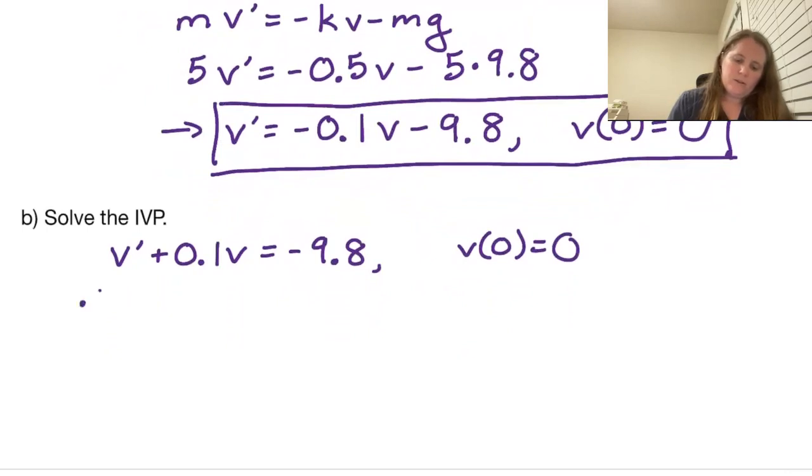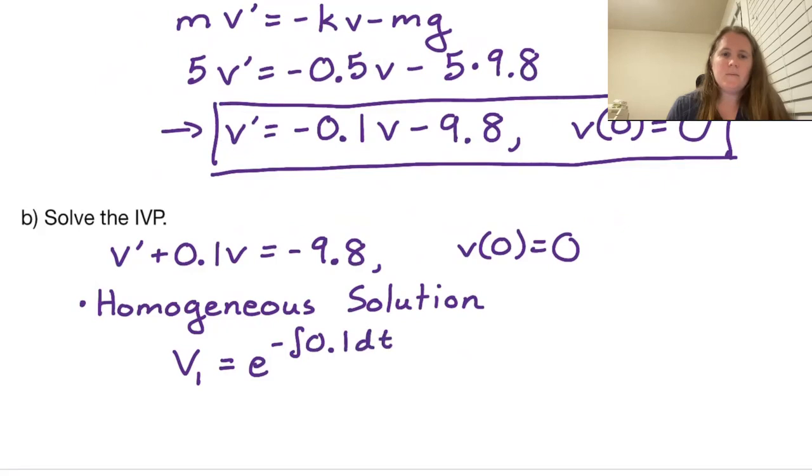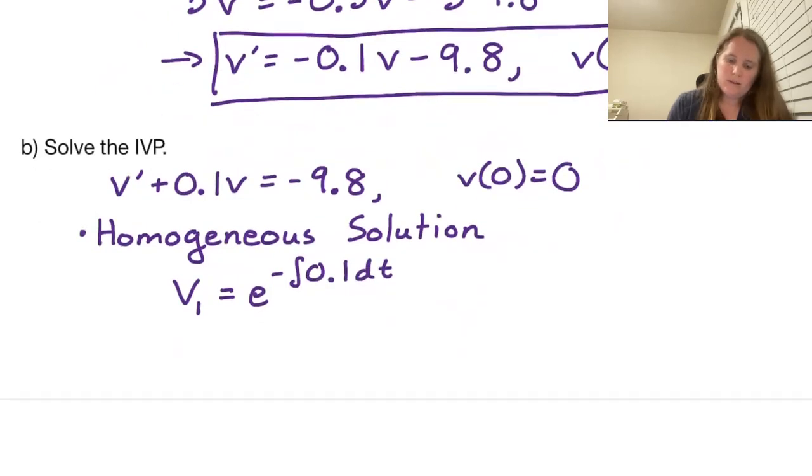You can first find the homogeneous solution. We know that v1 should be e to the negative integral of 0.1 dt. So we get that our v1 is e to the negative 0.1 t.